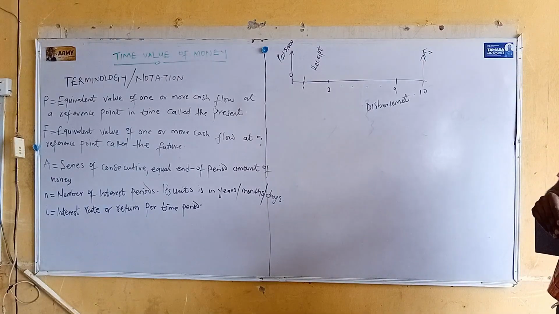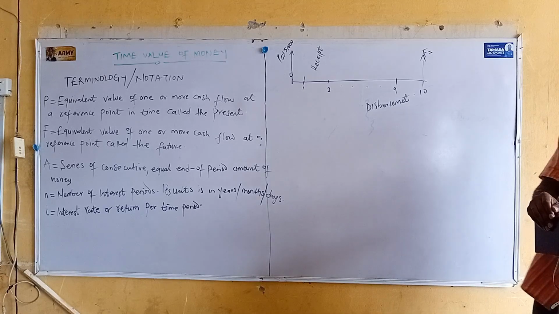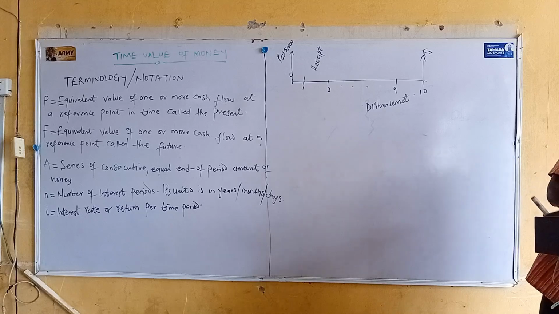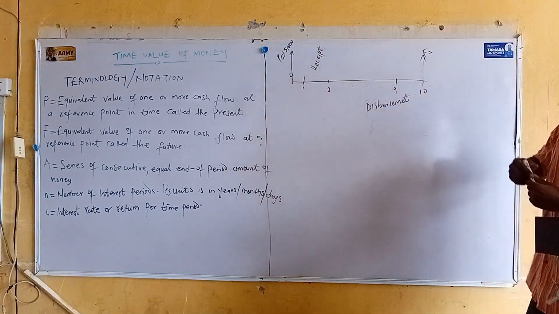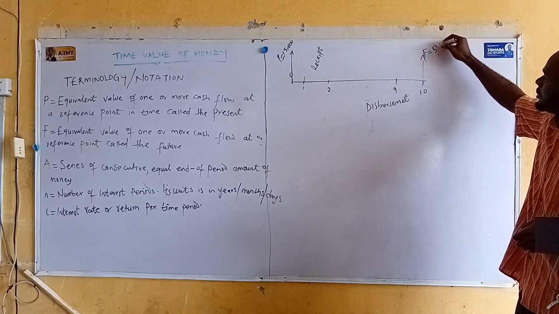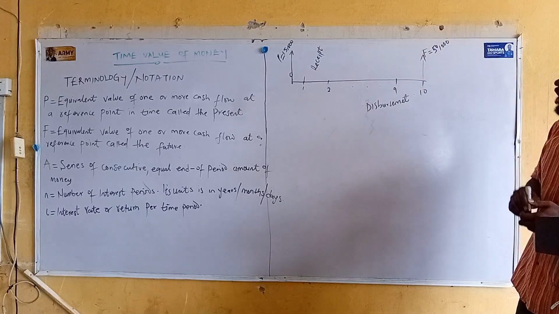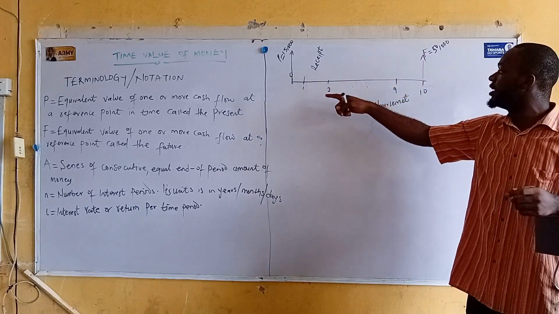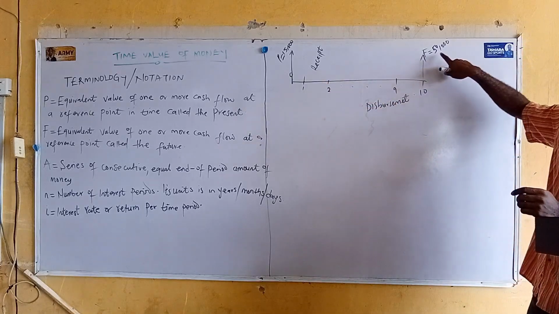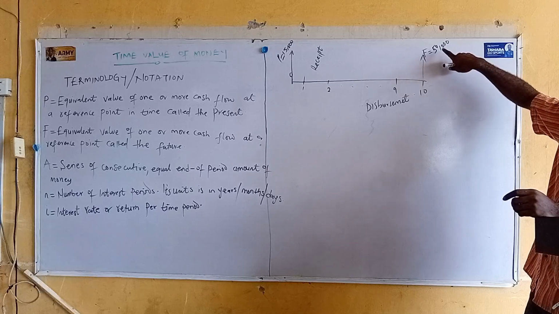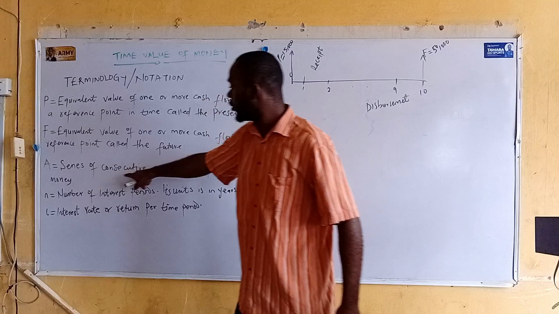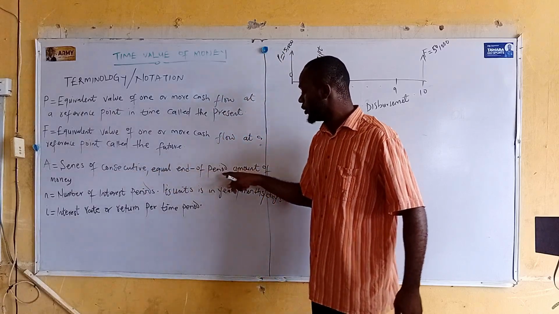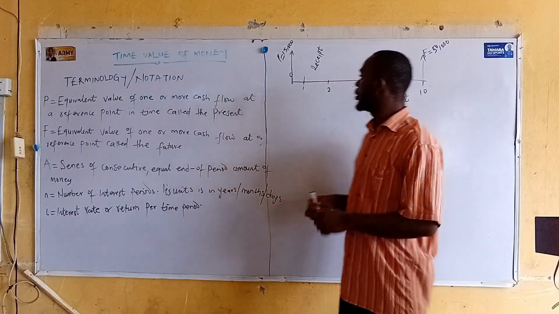Then A. A is a series of consecutive equal end of period amounts of money. For example, if you are told that in 10 years' time, I want to save 50,000. How much should I deposit every day in order to be able to get 50,000 in 10 years' time? We are going to use this notation: series of consecutive equal end of period amounts of money.